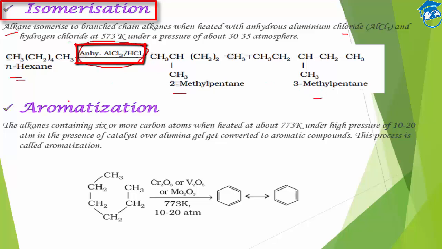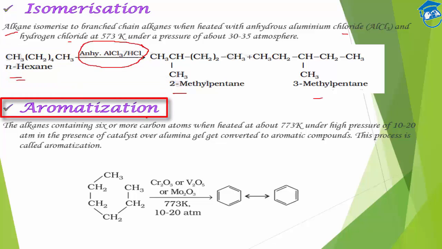Next is aromatization. When you have an alkane containing 6 or more carbon atoms, then with appropriate reaction conditions, that is temperature, high pressure, and a suitable catalyst like over the alumina gel, which will provide the reaction site, alkanes could be converted into an aromatic compound.